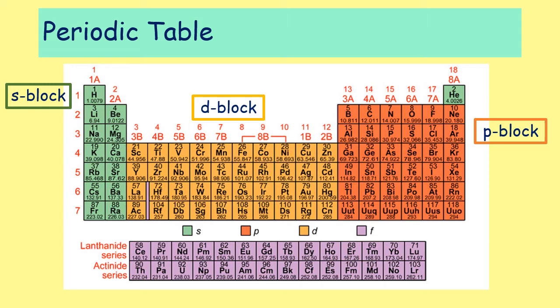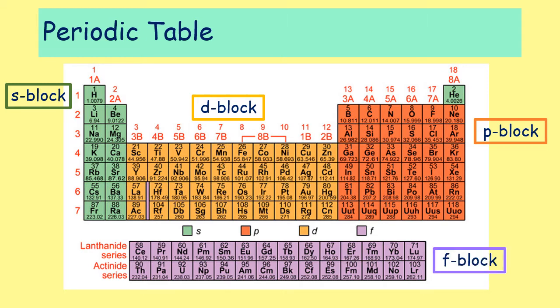It will have filled the s orbital that hydrogen and helium have, the s orbital that lithium and beryllium have, the 3 p orbitals from boron to neon, the s orbitals from sodium and magnesium, the p orbitals from aluminium to argon, the s orbital for potassium and calcium, and then the d orbital. And so the electrons fill in that order.